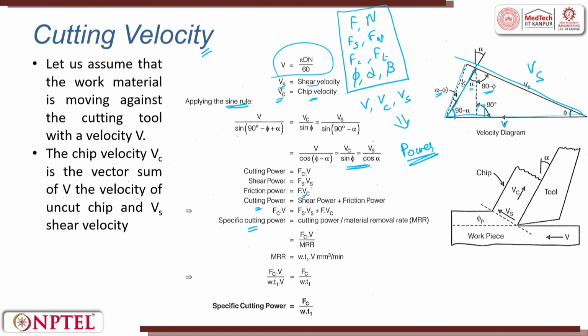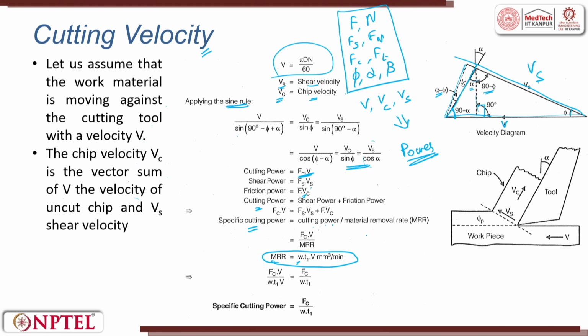So, what is specific cutting power? Specific means it is always with respect to a unit. So, it is said as cutting power divided by unit material removal, Fc into V divided by material removal rate. Now, material removal rate can be figured out by width of the chip W, T1, into cutting velocity.